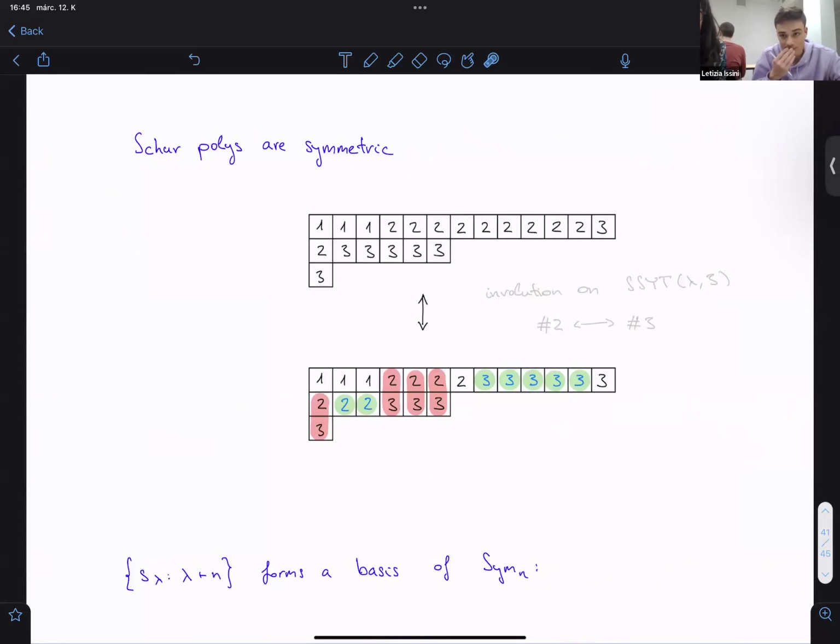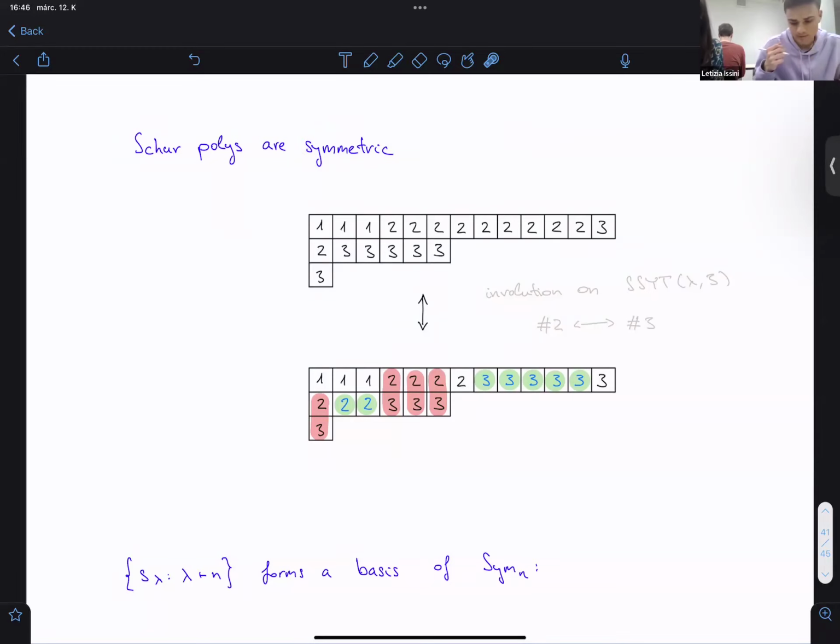And there are quite a few striking properties of Schur polynomials. First of all, they are symmetric. And to see that they are symmetric is not immediate from the definition. But we know that simple transpositions, so swaps like i and i plus 1, generate the symmetric group. So to show that Schur functions are symmetric, so that they are invariant under any permutation of the variables, it suffices to show that they are invariant under the swap of the variables i and i plus 1.